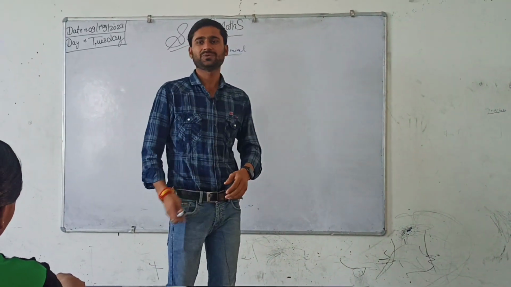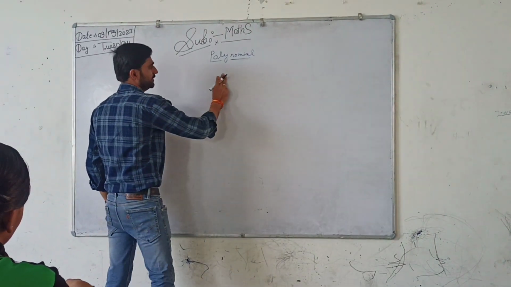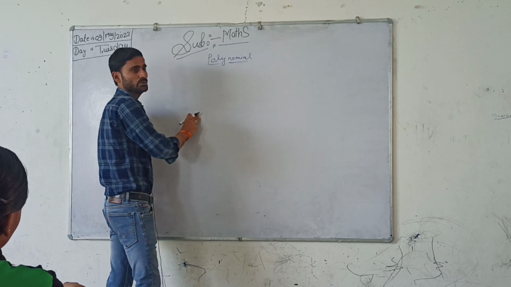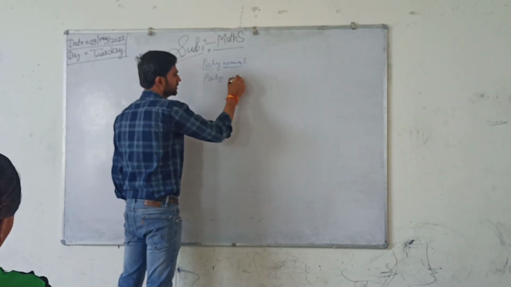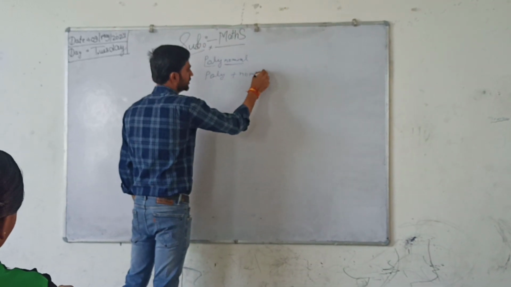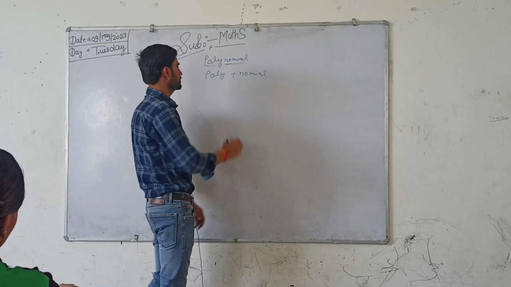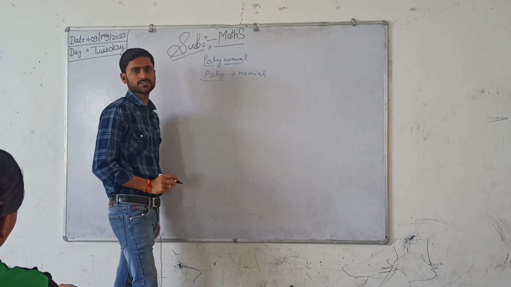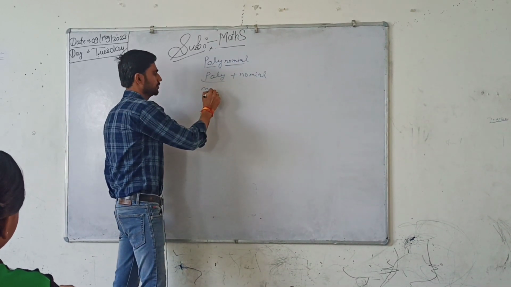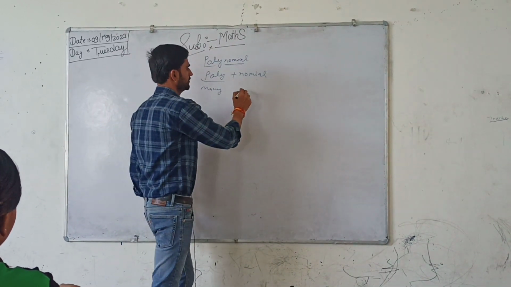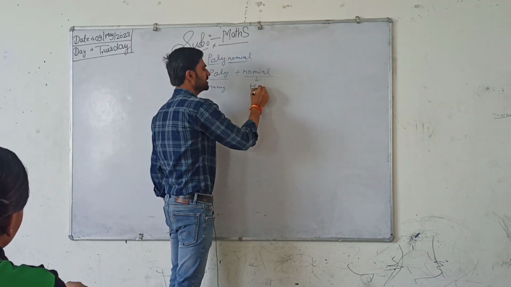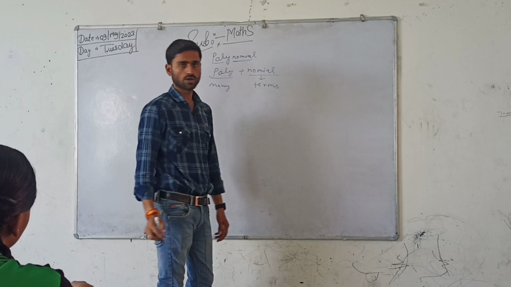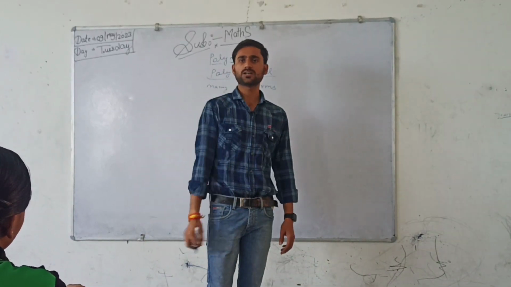What is the polynomial? Okay, so we will separate it into two parts, like poly plus nomial. So the meaning of poly is many. The meaning of nomial is terms.